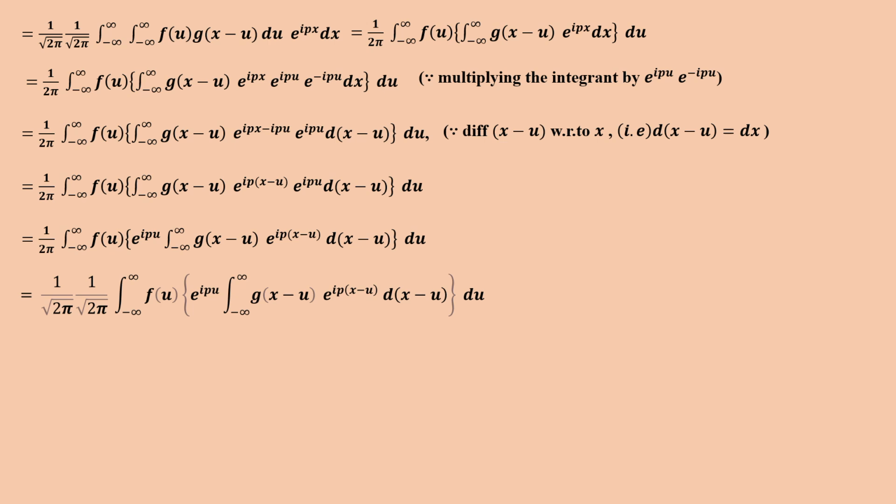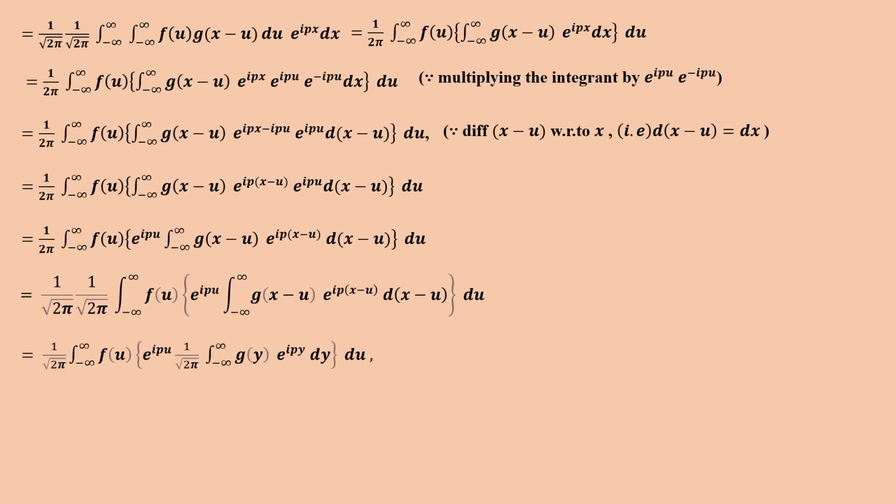So again we are going to split 1 by 2 pi into two terms, that is 1 by root 2 pi into 1 by root 2 pi integral from minus infinity to plus infinity f of u e power ipu integral from minus infinity to plus infinity g of x minus u e power ip(x minus u) d of x minus u. Because we are going to use the Fourier transform definition, that is why.